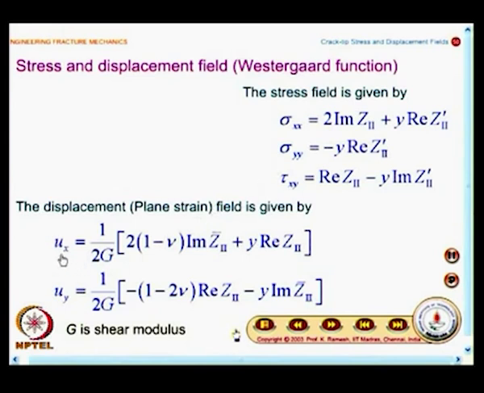The displacement field ux equal to 1 by 2G multiplied by 2 into 1 minus nu into imaginary part of Z2 bar plus y real part of Z2, and the displacement component uy is given as 1 by 2G multiplied by minus of 1 minus 2 nu into real part of Z2 minus y imaginary part of Z2 bar.